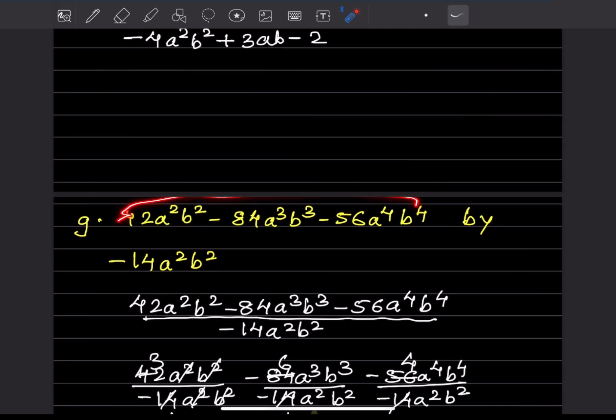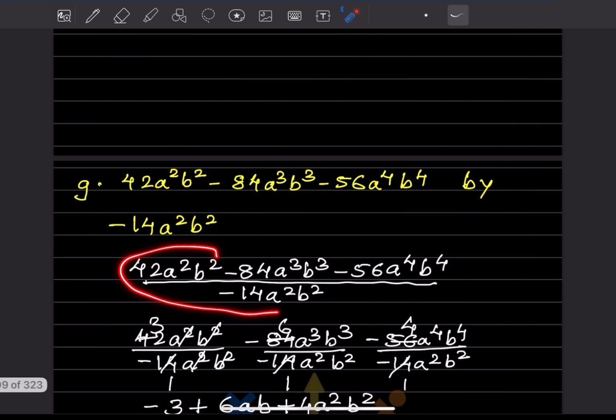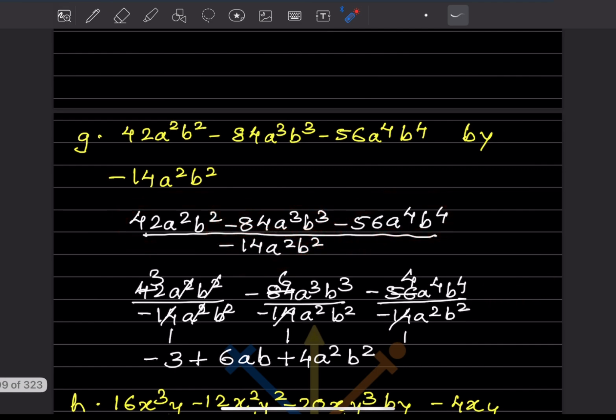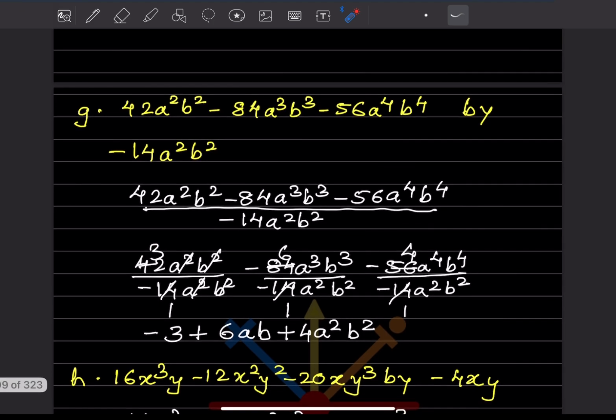Again here, this is with 3 terms. We will divide by this one. So this separately and this separately. That is what is written here. 14 ones are 14, 14 threes are 42. Here this gets cancelled out. So that is just going to be minus 3 because here is plus and this is minus, and plus divided by minus will be minus.